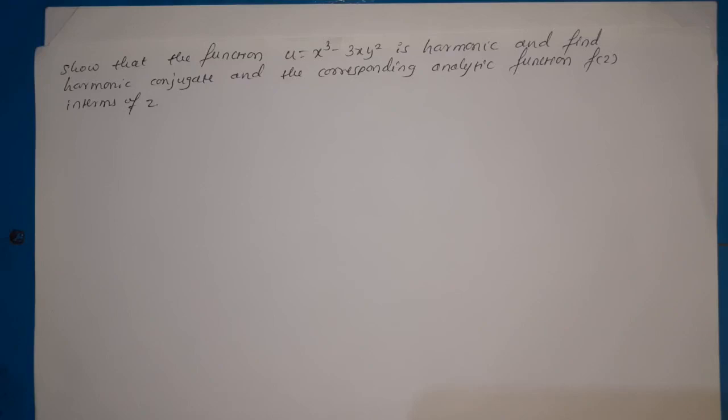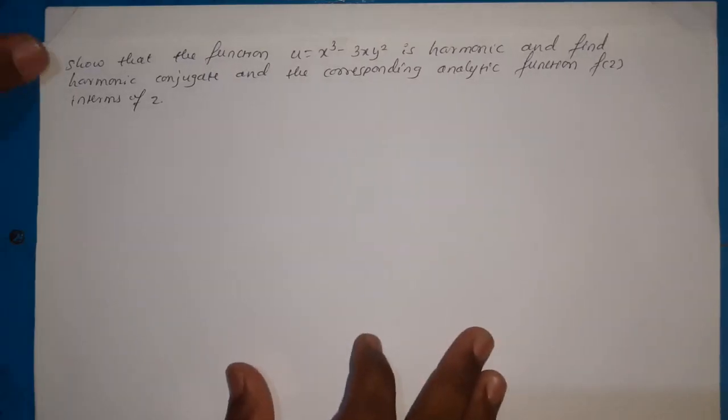To show that it is harmonic, we have to use the Laplace equation, and to find the harmonic conjugate, since u is given, we can find v easily using the formula. Then finding the analytic function in terms of z is done by using Milne-Thomson's method. In f dash of z, we need to replace x by z and y by 0, then integrate, and we will get the required analytic function. So let us solve this one.